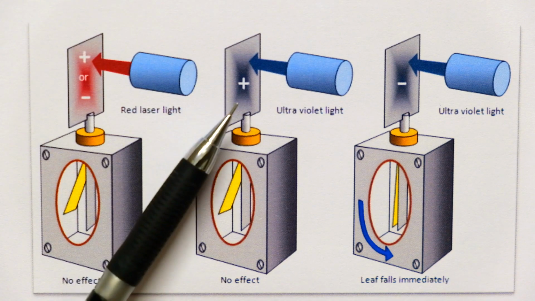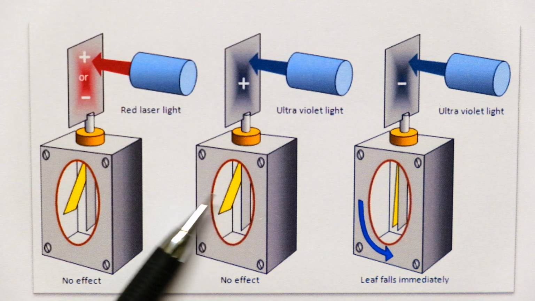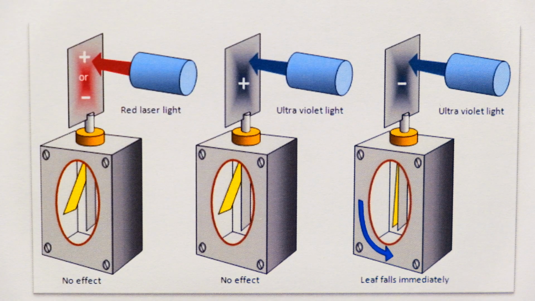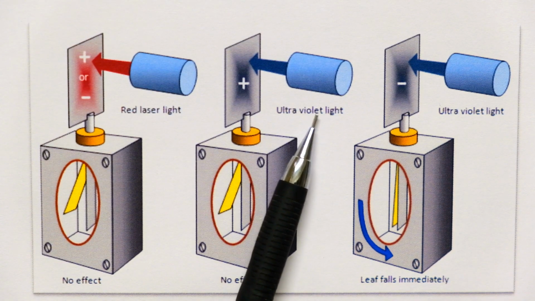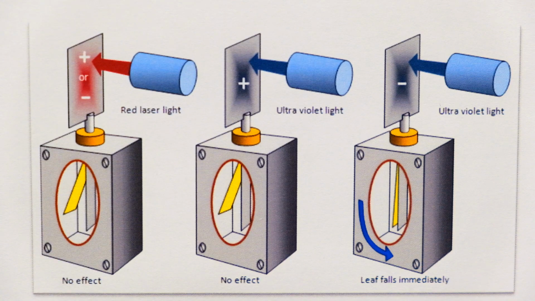So it can remove electrons, which would just make the electroscope more positively charged. So in this case, nothing happens. There's also no effect because your electroscope is positively charged. It has too few electrons, so there's very little chance that your ultraviolet light will remove more electrons.